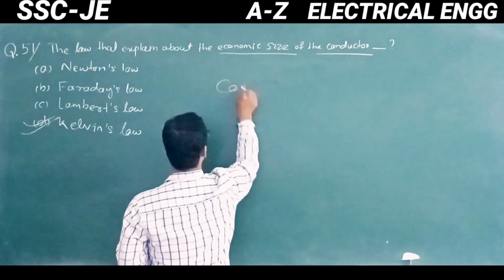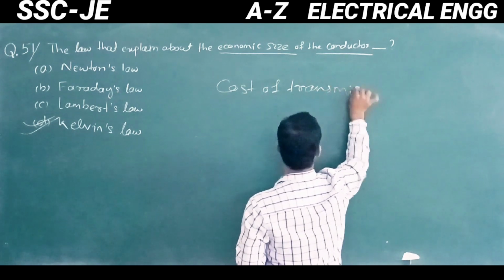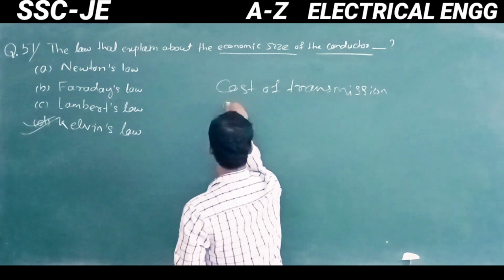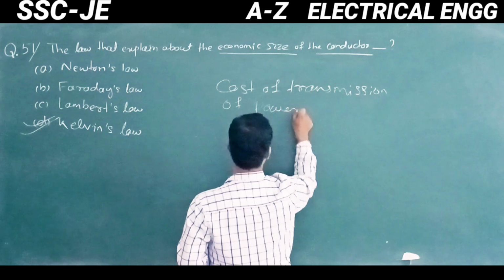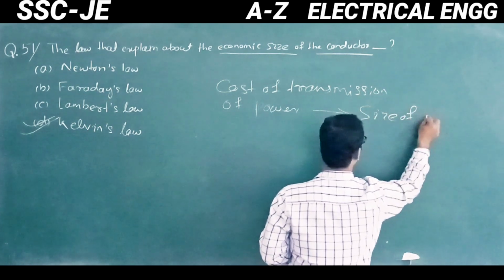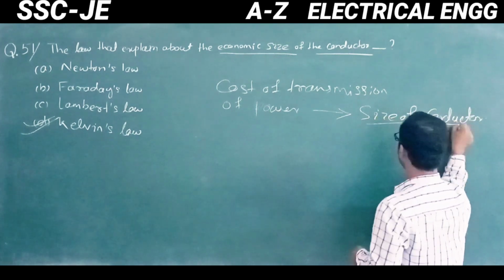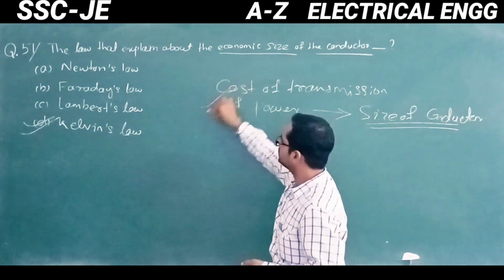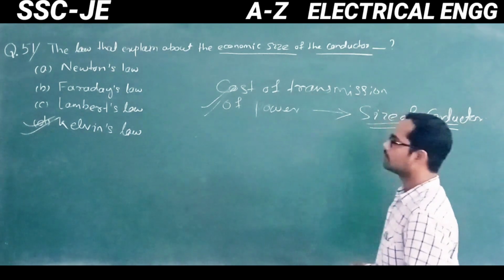The cost of transmission of your power will depend upon the size of the conductor. So the conductor size should be in such a way that the cost of the transmission is minimum. So option 4 is the correct answer. Moving to the next question.